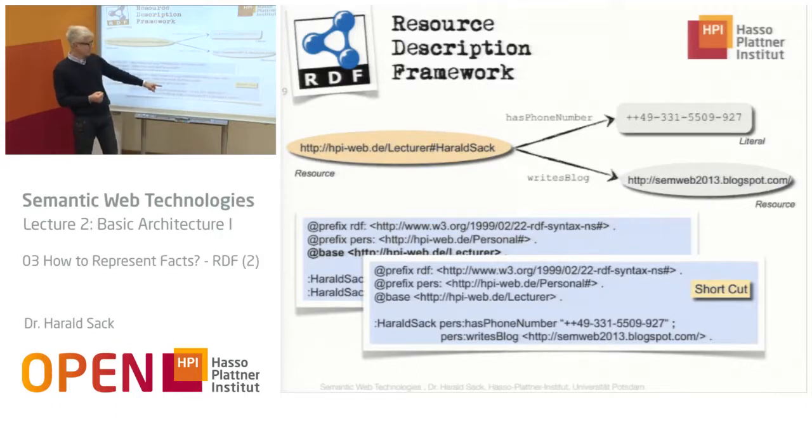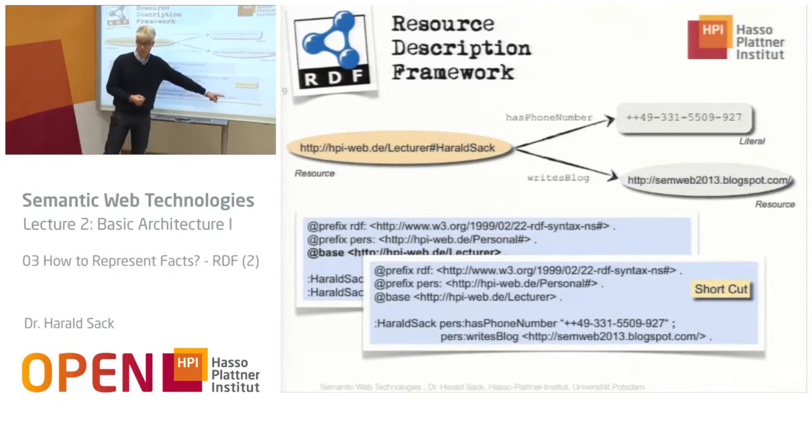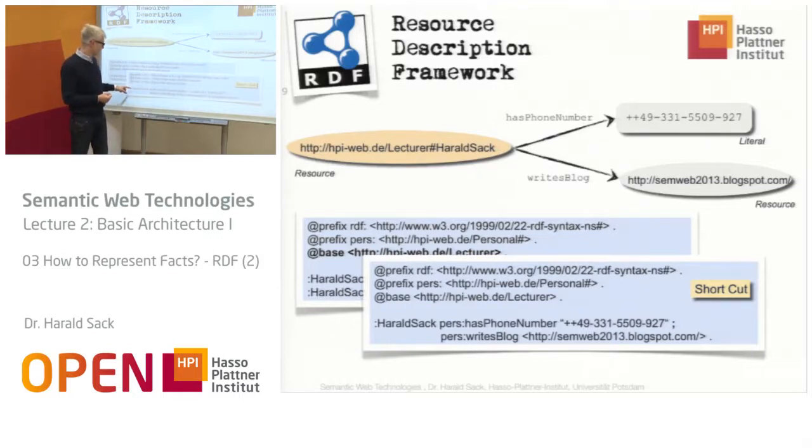And then this triple ends not with a period, but with a semicolon. And this stands for the fact that this subject is not closed by the period, but it will continue, and I will continue talking about that subject. It means I can add another property, writes block, and here comes the URI of the object of the block I am talking about.